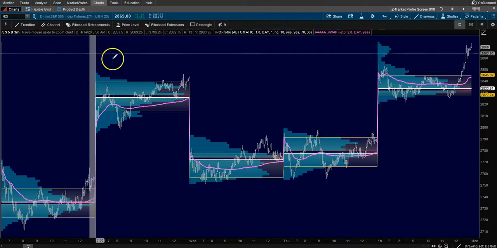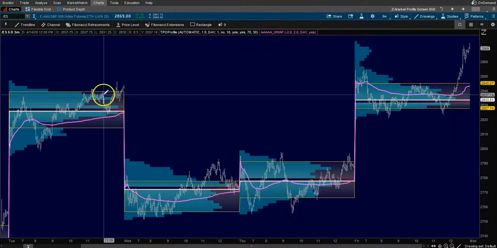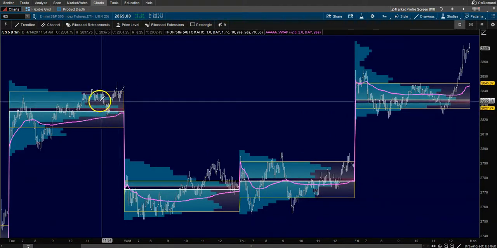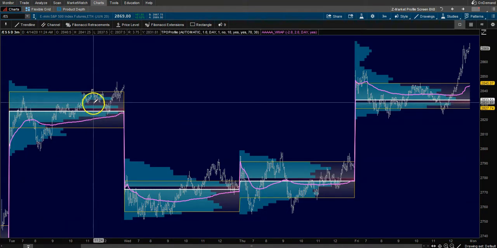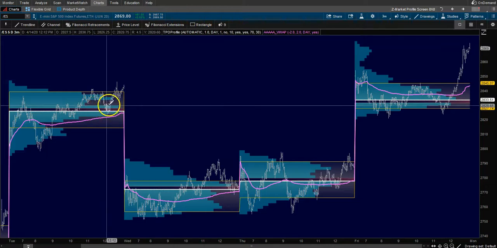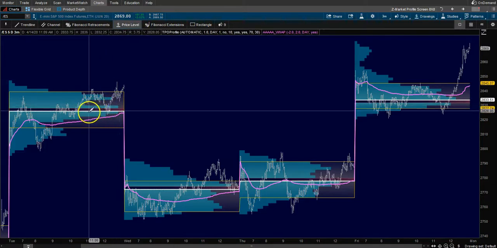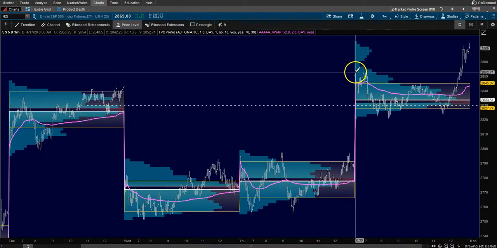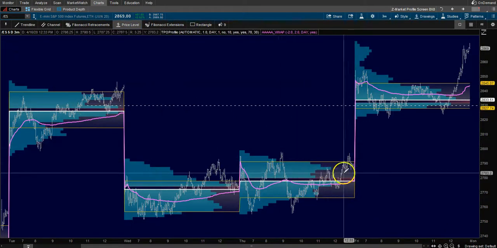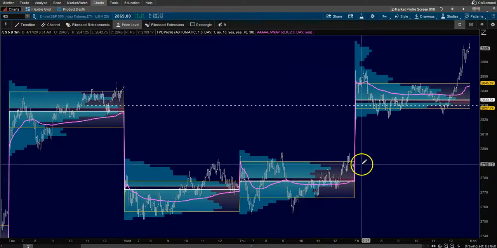Here's a really good example. If we zoom in here, right here we actually had a low volume node with the high volume node. Well, if you look at what price did, let me just draw a price level right here. So we open, we gap and trade down here. We still haven't touched these levels.